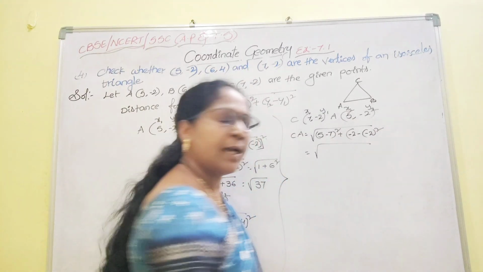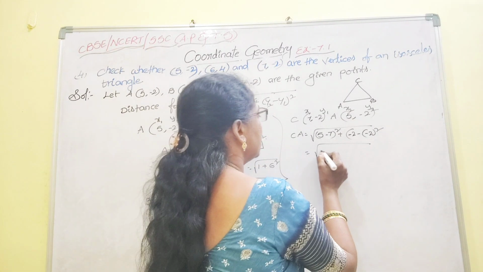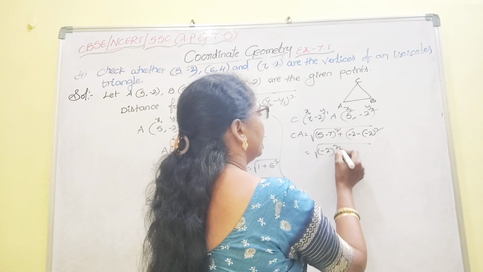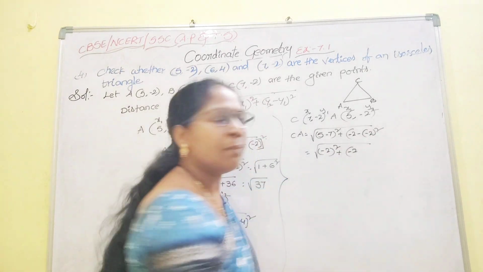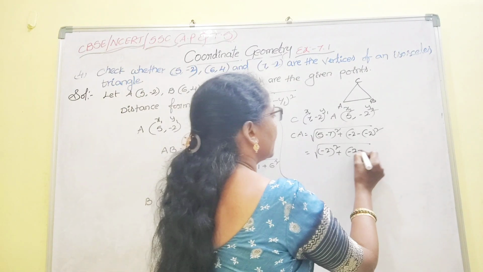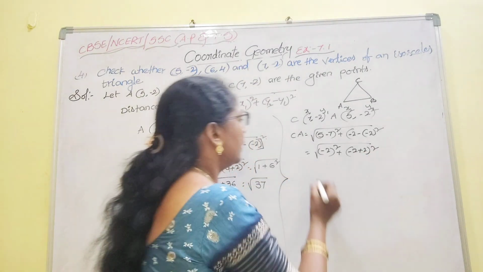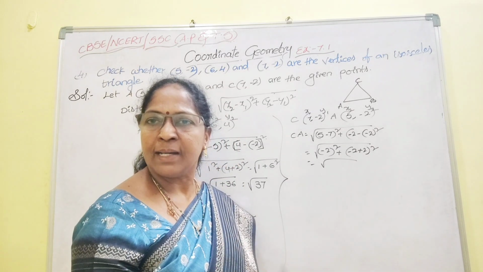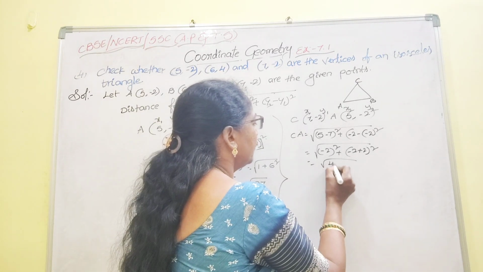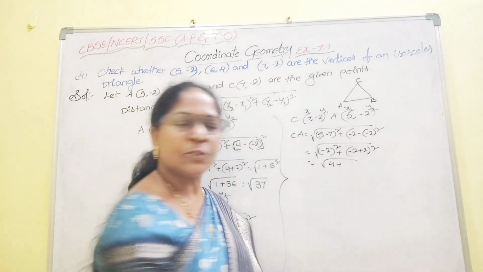That equals 5 minus 7 equals minus 2 whole square, plus minus 2 minus into minus, plus 2 whole square. So minus 2 whole square equals 4, plus minus 2 plus 2 equals 0.